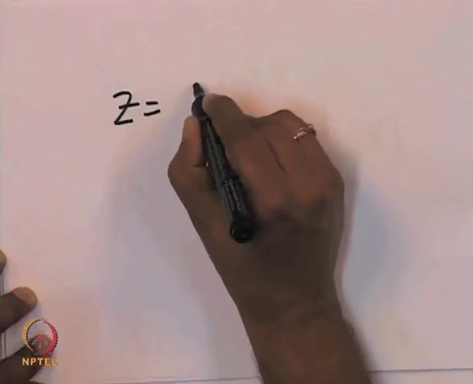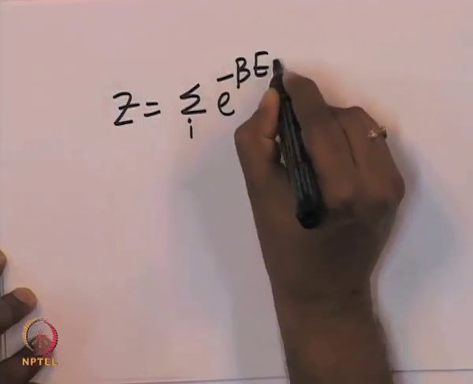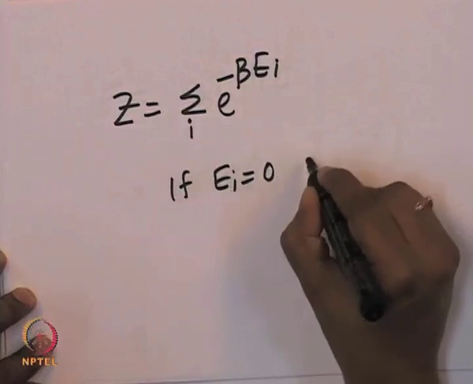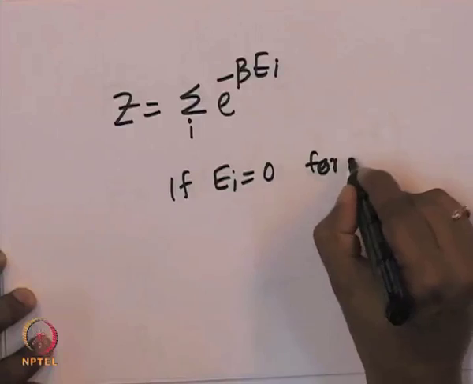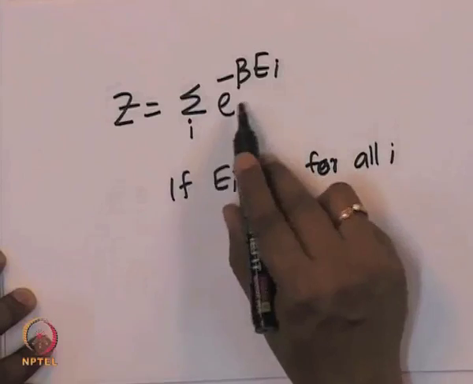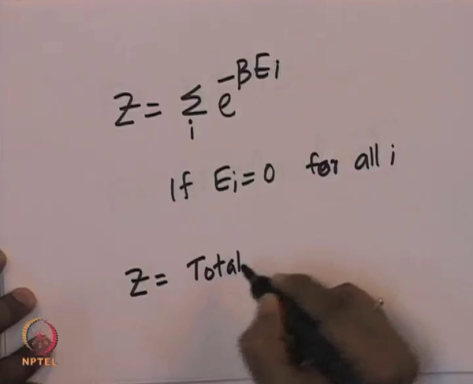We said that Z is sum over i of e power minus beta Ei. If Ei is 0 for all i, this will be a sum over i, and Z will be like the total number of states.